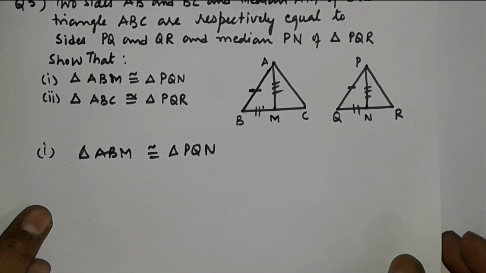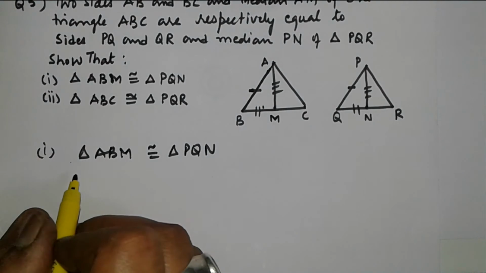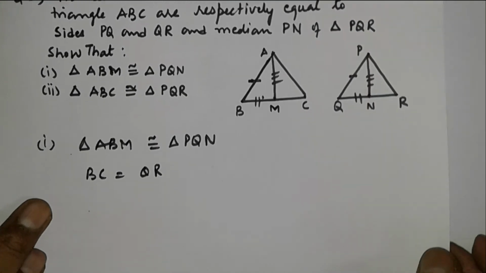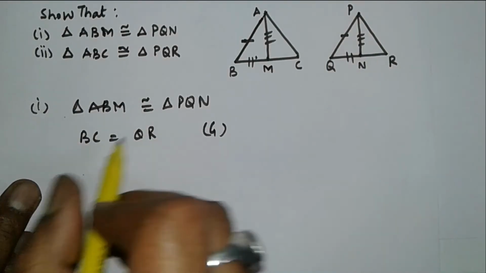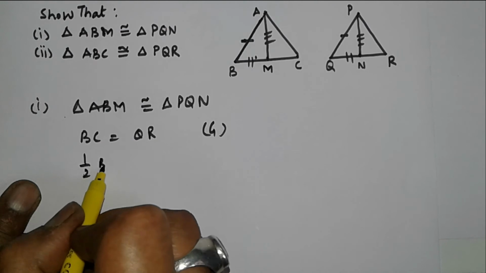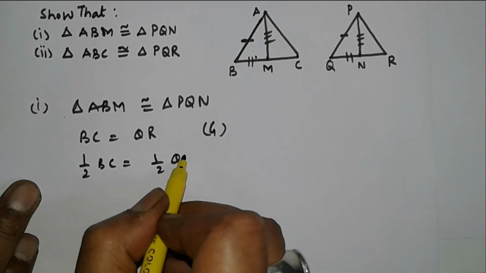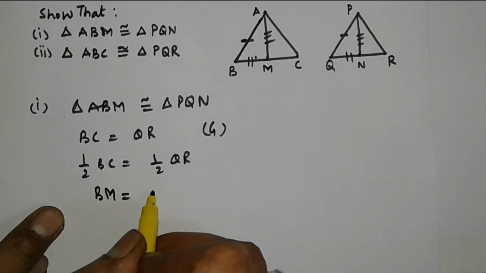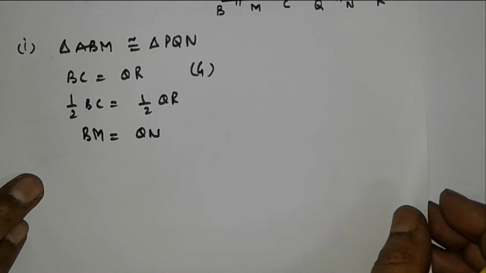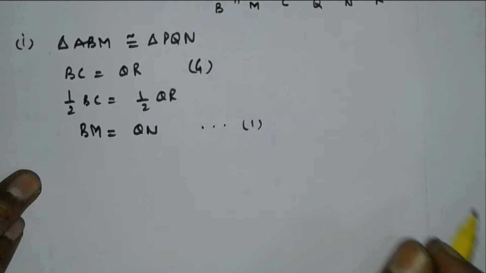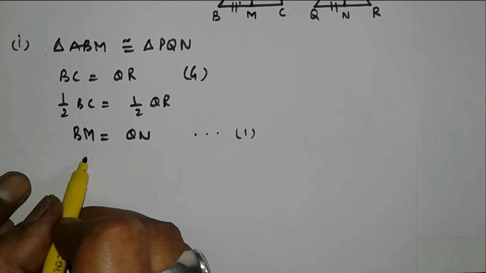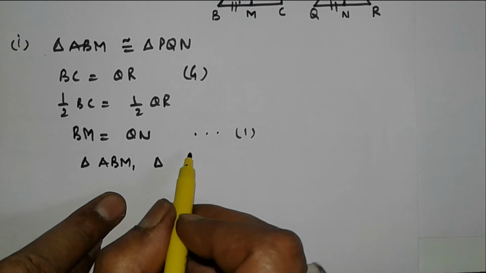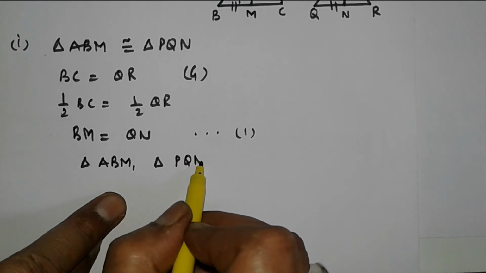ABM means this triangle. Now you see it is given that BC is equal to QR. Therefore, half of BC is equal to half of QR. Half of BC means BM is equal to QN. Suppose this is equation 1. Now we take triangle ABM and triangle PQN.